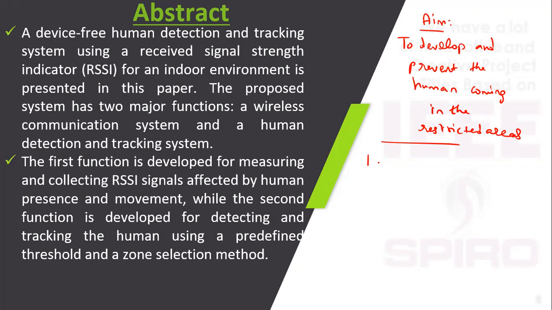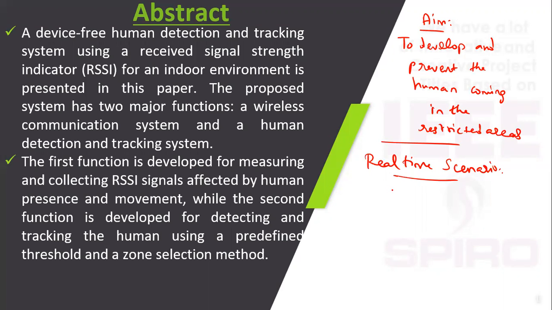So in a real-time scenario, in restricted areas, we don't know when third persons come nearby the restricted area. For example, take a bank. We have lockers in banks, and the locker will not be monitored all the time.